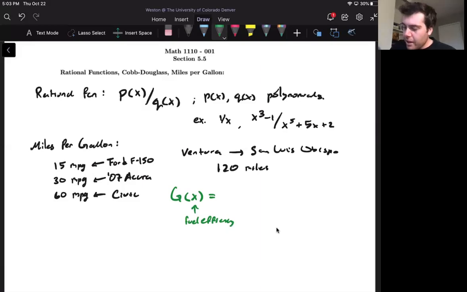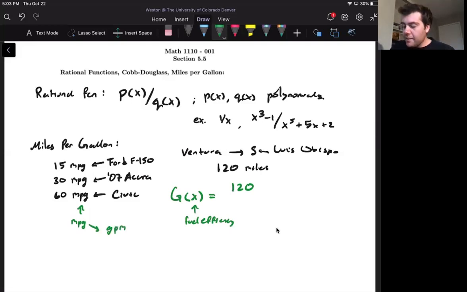So if we think about it, the number of gallons we have to use is going to be, first, we have to drive 120 miles. And then we have fuel efficiency in miles per gallon, so let's translate that to gallons per mile.